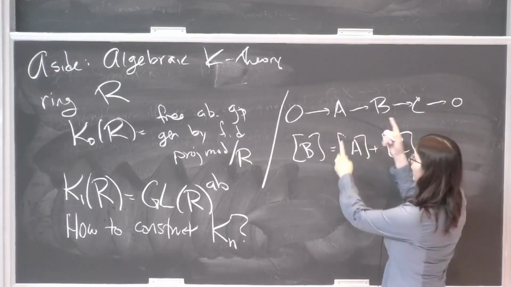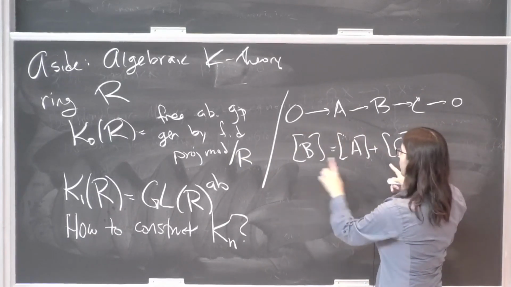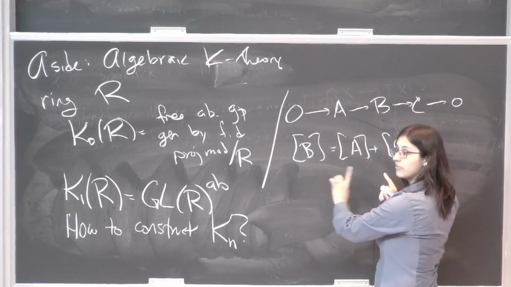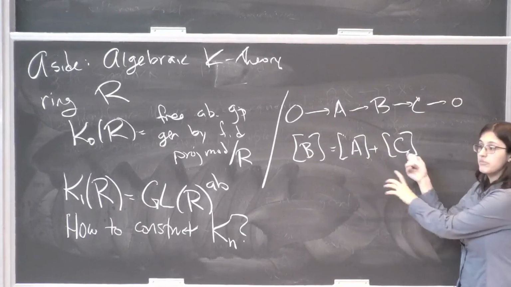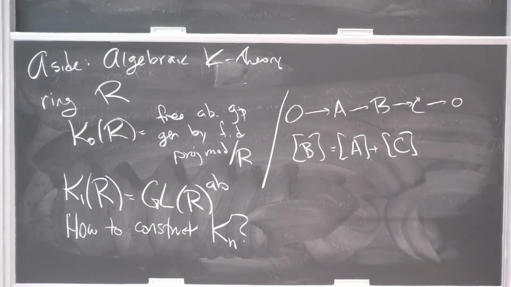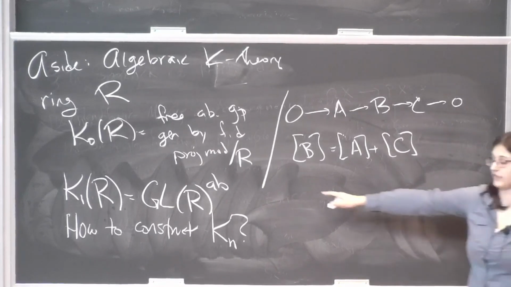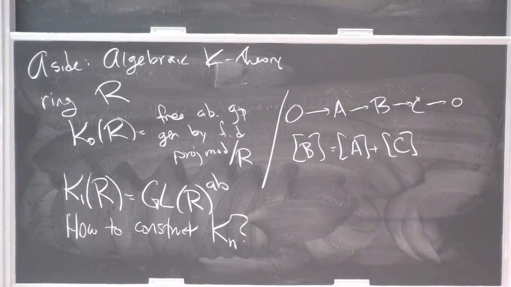This data has combinatorial information about how it can be assembled and reassembled. What we want to create is a space that remembers that combinatorial data, where the connected components of the space will remember these classes of what can be reassembled into what, and where paths will remember ways of taking something apart and reassembling it. And that's what these automorphisms are doing. So that's the construction we want to make.